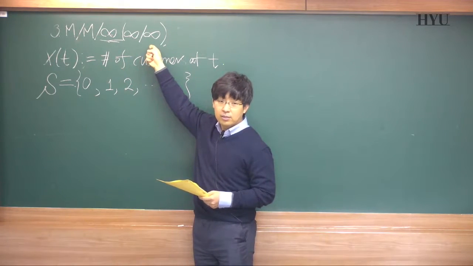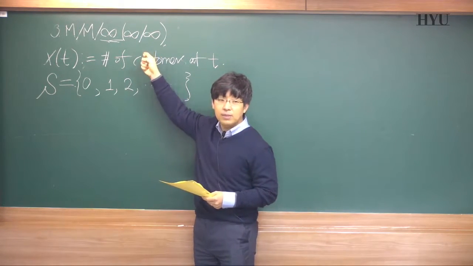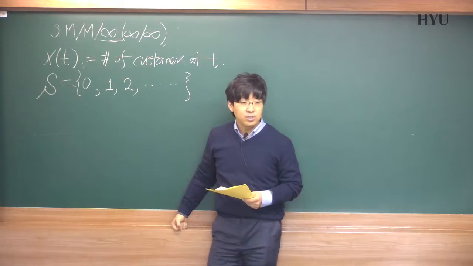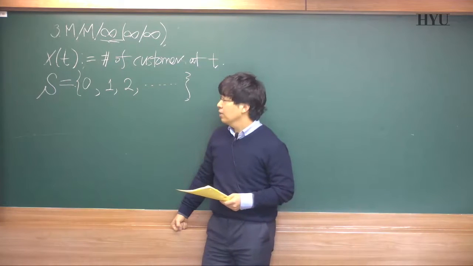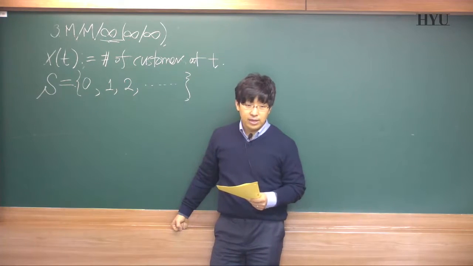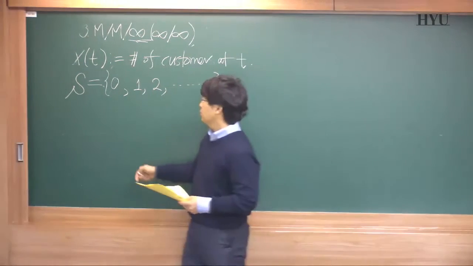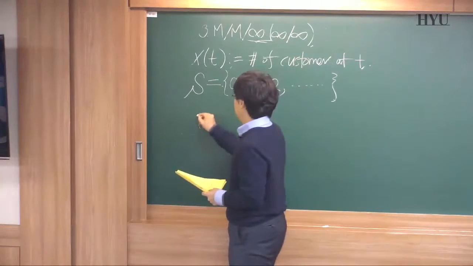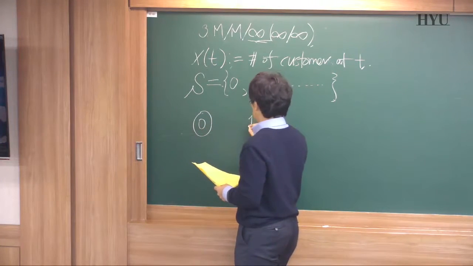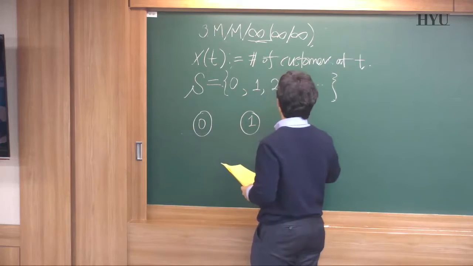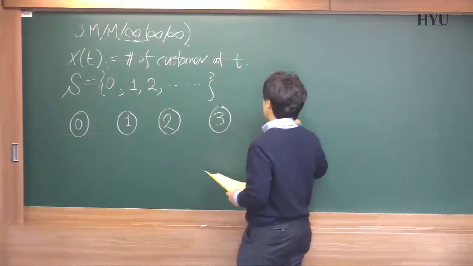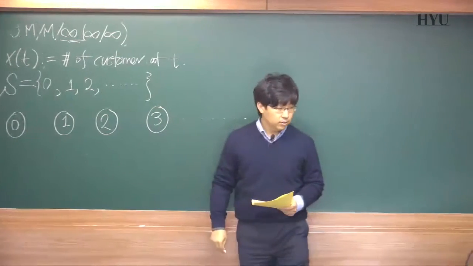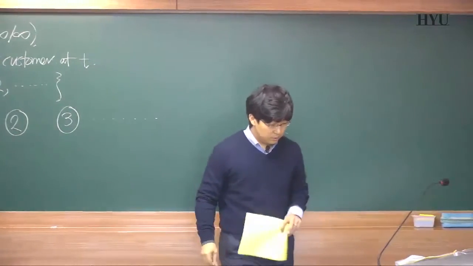So analyzing this system is the same as analyzing a type of continuous time Markov chain. So how can you draw the rate diagram? We can put the nodes first: 0, 1, 2, 3, and so on.